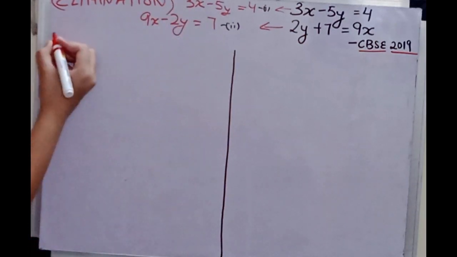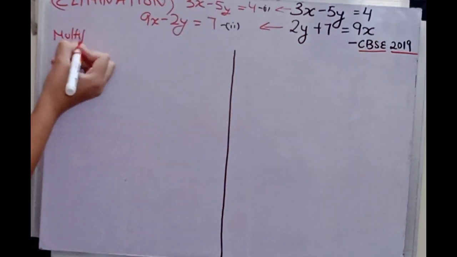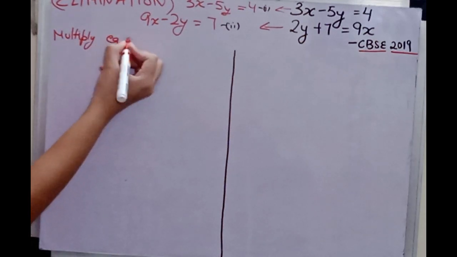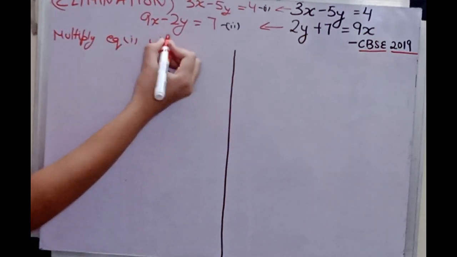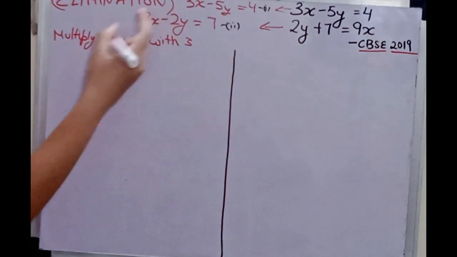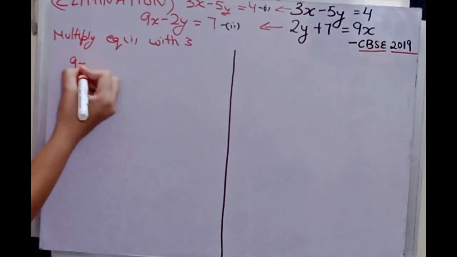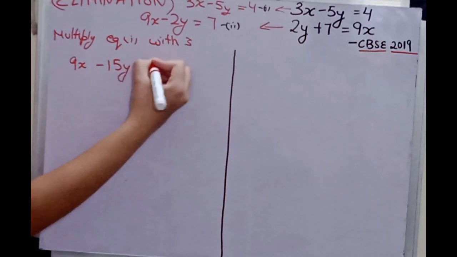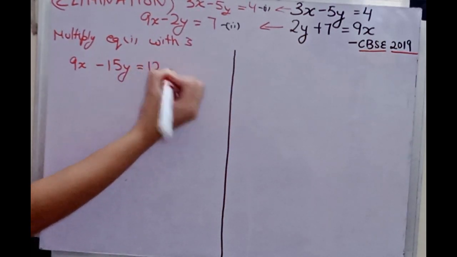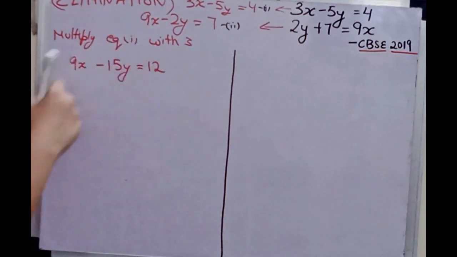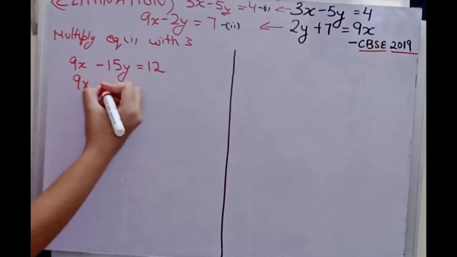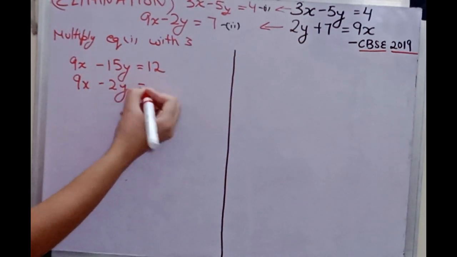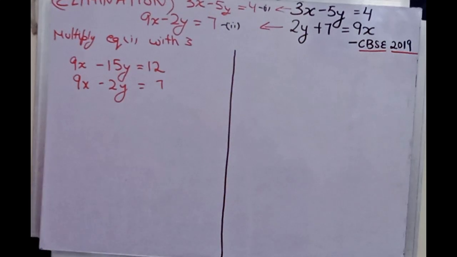Let me multiply equation 1 with 3. Now the answer is 3 threes are 9x, 3 fives are 15y, and 3 into 4 is 12. The second equation will be written as it is, 9x minus 2y equals 7.